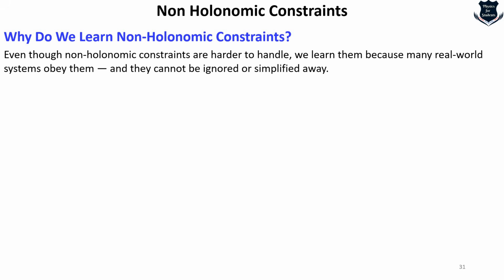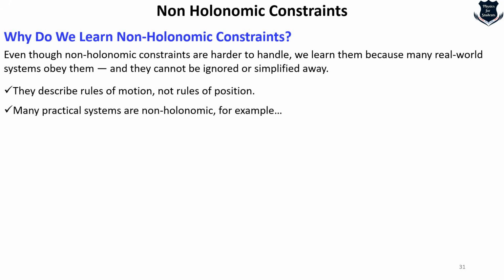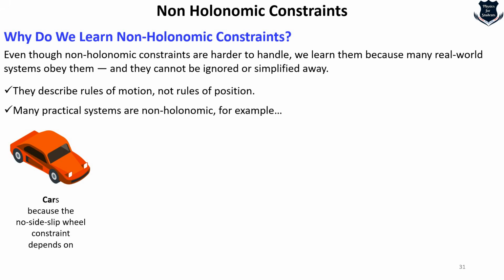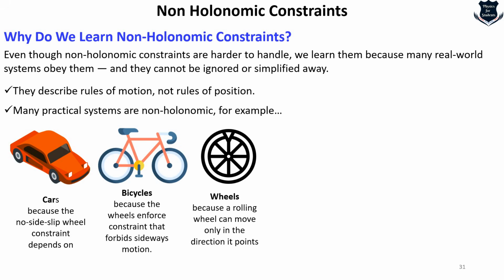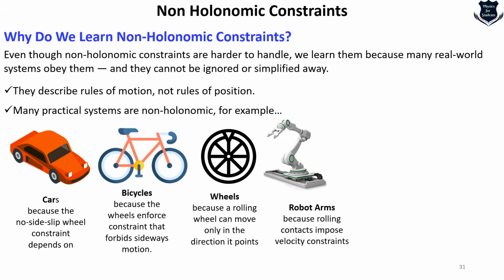Even though non-holonomic constraints are difficult, as I was telling, they cannot be ignored because there are a lot of real life systems which evolve in this way. For example, cars, because the no side slip wheel constraint depends on the car's motion. Bicycles, because the wheels enforce a constraint that forbids sidewise motion. Wheels only move in certain directions.